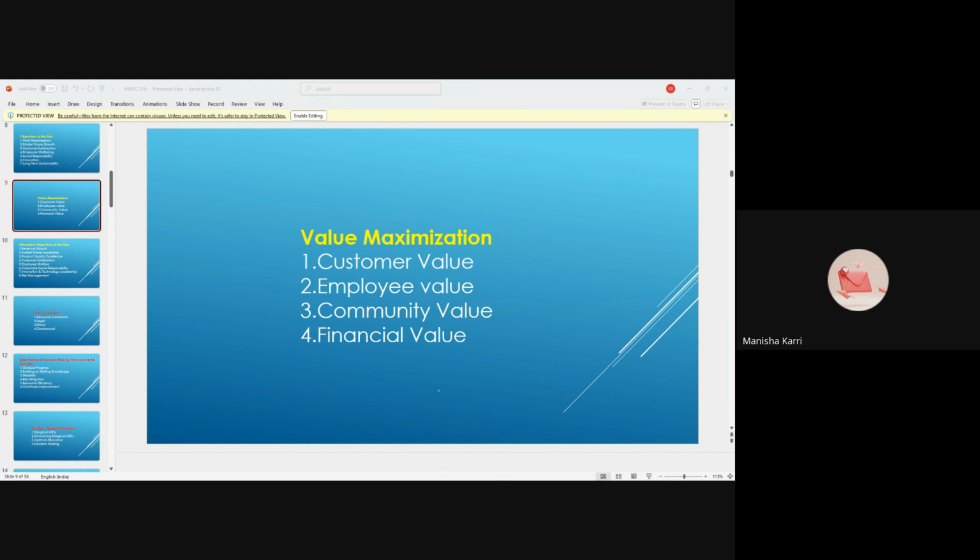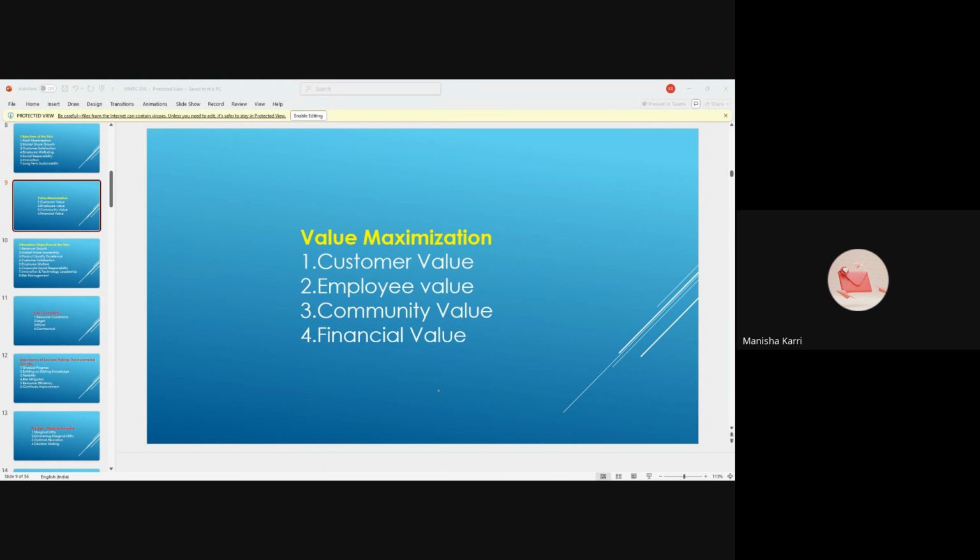Okay, here let us take a simple example of value maximization that can be seen in a local bakery. Generally, the bakery owner focuses on maximizing value for all the stakeholders, including customers, employees, and the community. Coming to the customer value, the bakery offers high quality products at affordable prices, ensuring customer satisfaction.